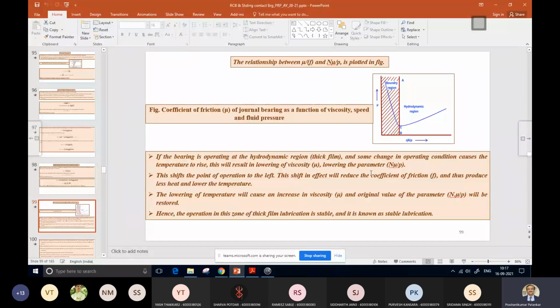So you have to make sure what provision you are going to make for the entire casing, the outer body of your entire bearing.